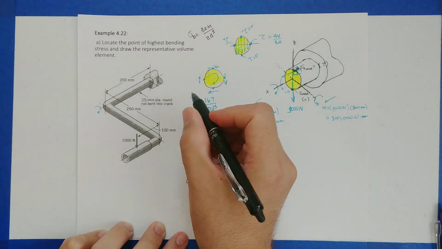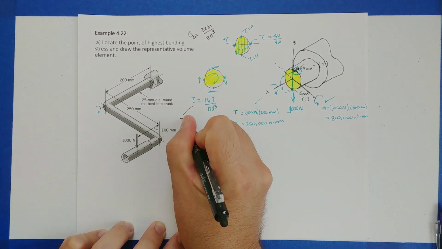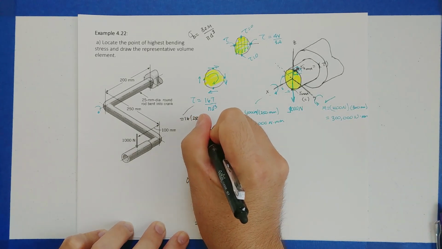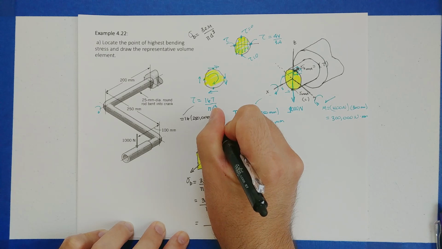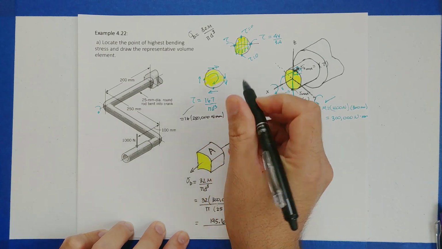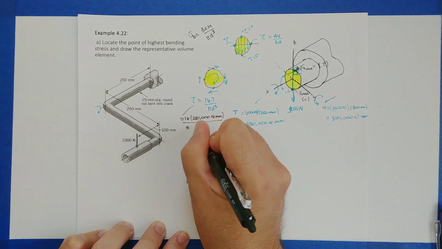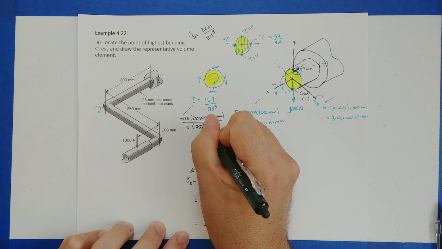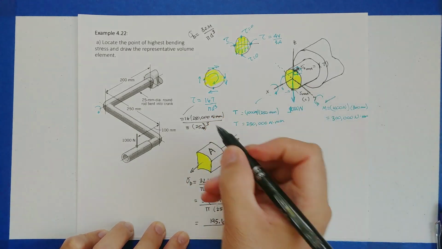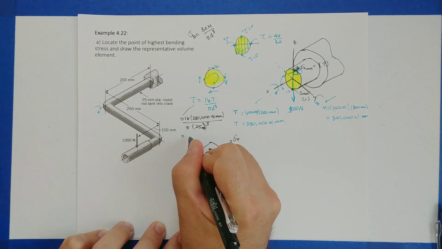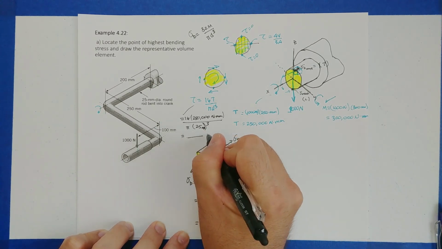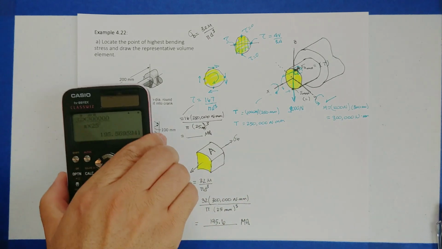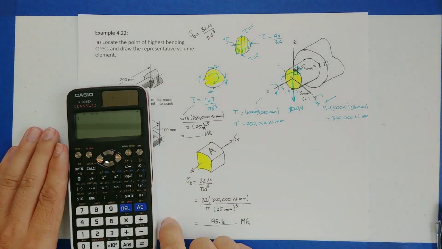So it's 16 times the torque, which we said was 250,000 Newton times millimeter, divided by pi times 25, which is our diameter, in millimeters cubed. Same thing, whatever comes out of this one is going to have units of megapascal.